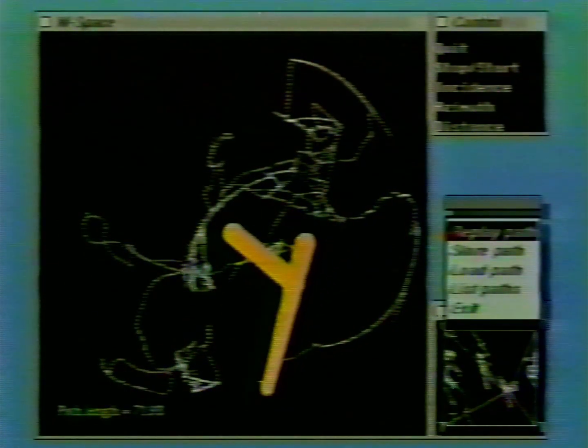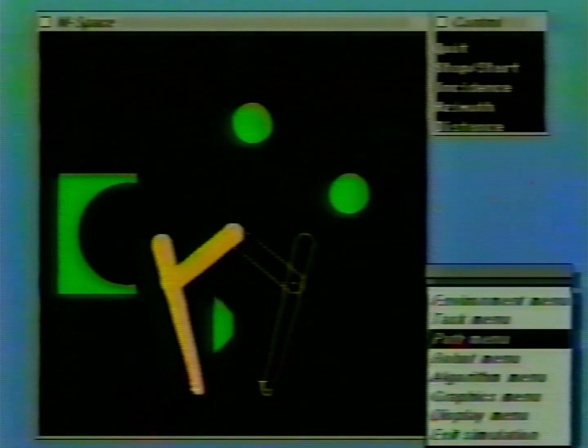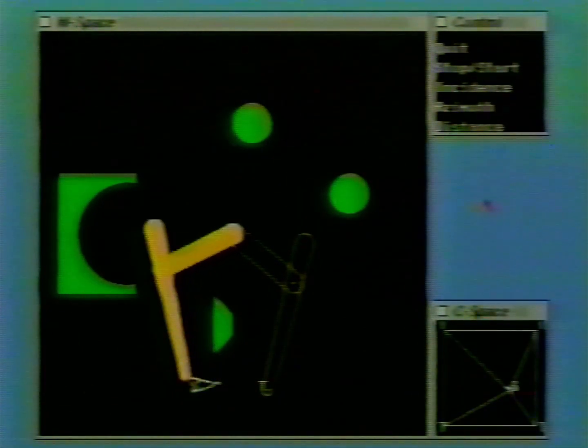This is the same experiment, but with obstacles shown.